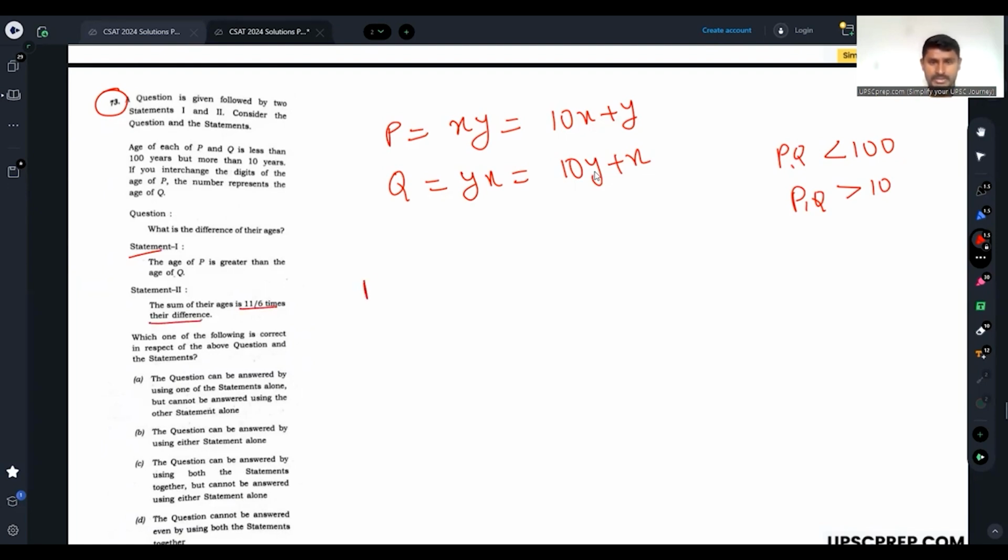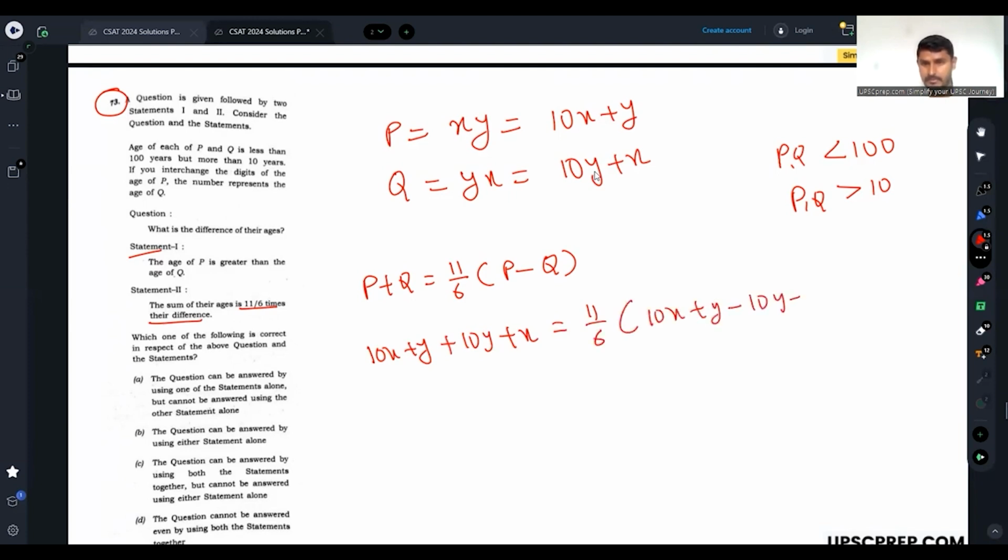So the sum of their ages, P plus Q, is 11/6 times their difference. So I will assume P is greater than Q, and do P minus Q here. P plus Q is 10x plus y plus 10y plus x. It is 11/6 times P minus Q, which is 10x plus y minus 10y minus x.